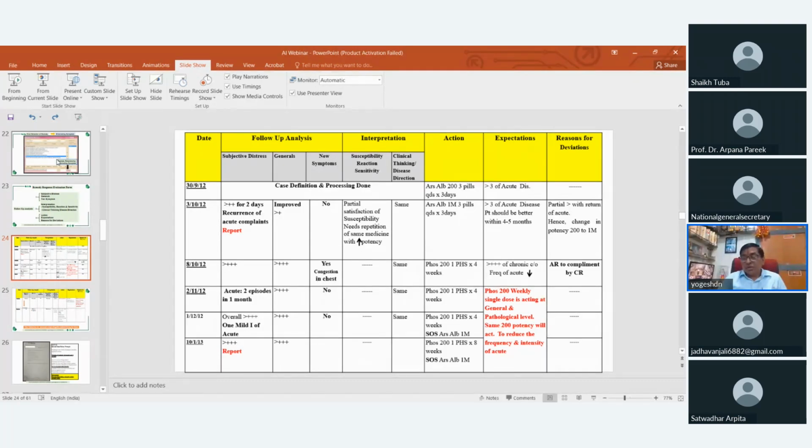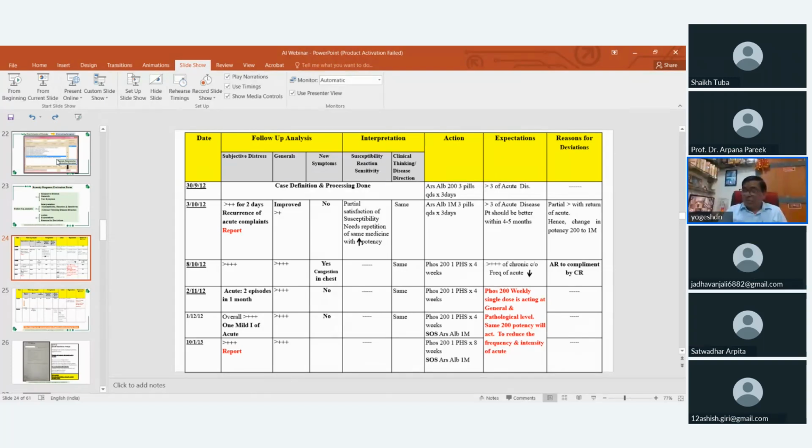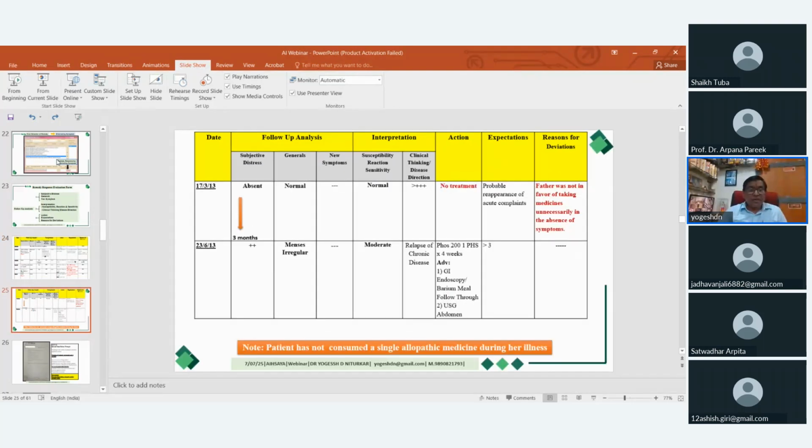Now if we stop at such instances, we can keep patient on placebo, that is one way, or we can think of letting the medicine continue so that the disease remains in control. Again, in view of the oversensitivity of patient, the medicine is taking care of the pathology. So this is one of the views that I had kept at that time.